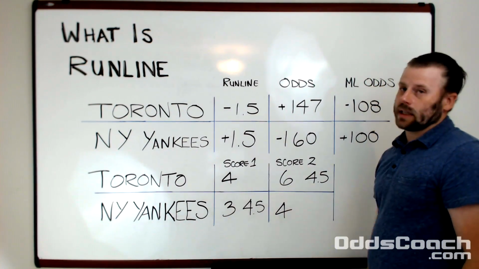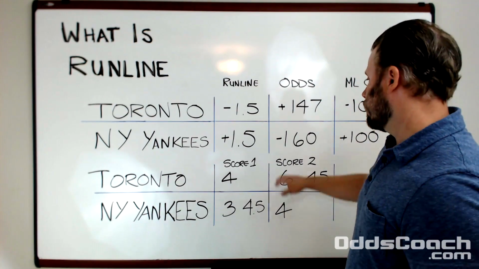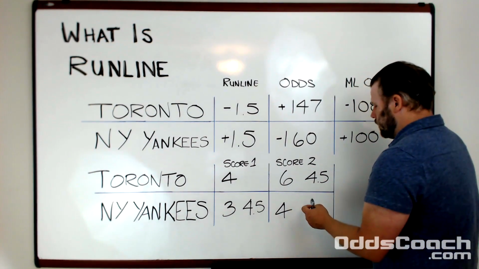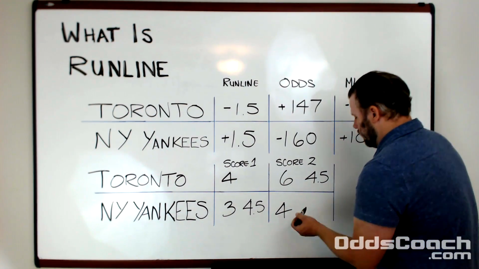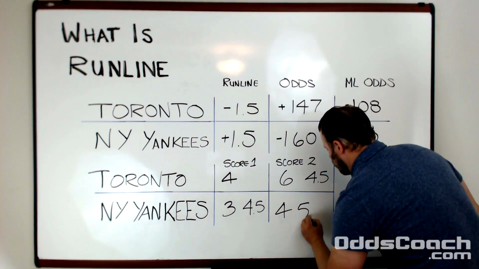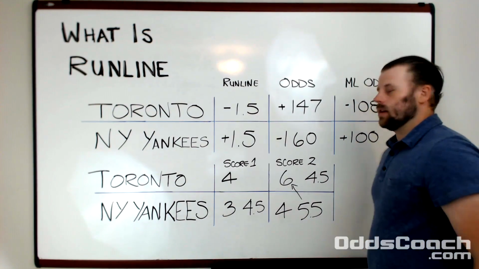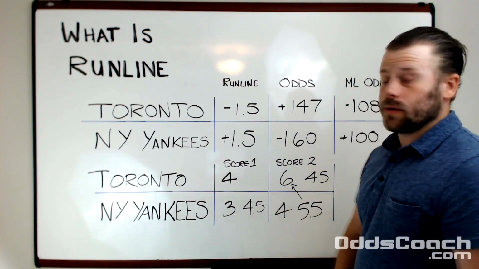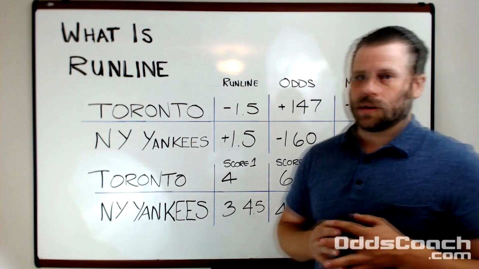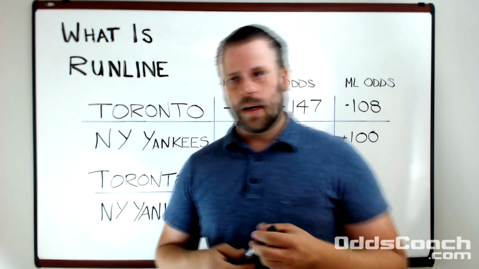Or if you had taken the Yankees on that particular run line, what you have to do is take the score of 4, add 1.5 to it to give you 5.5, which is still less than Toronto's score of 6. So that's the run line.